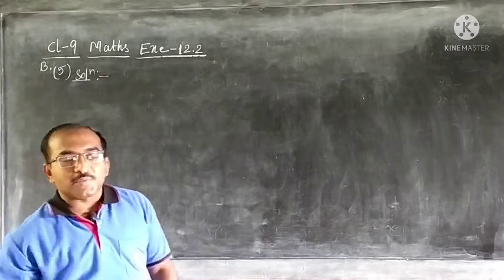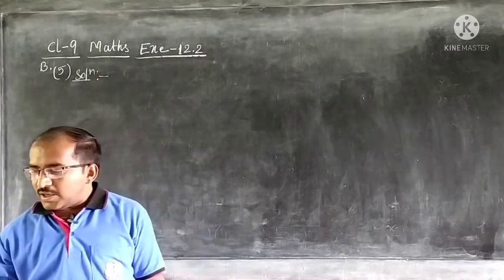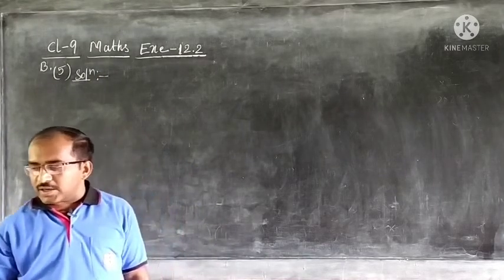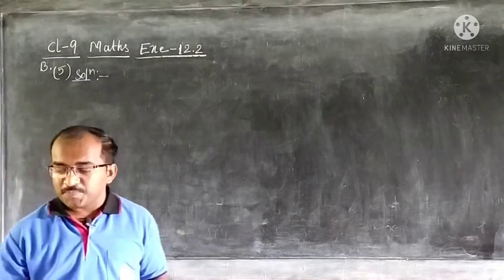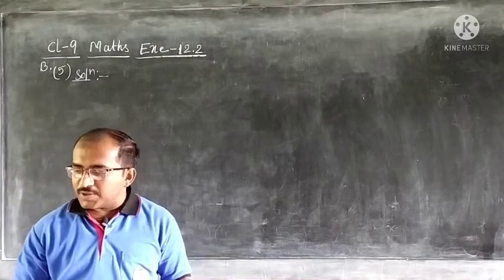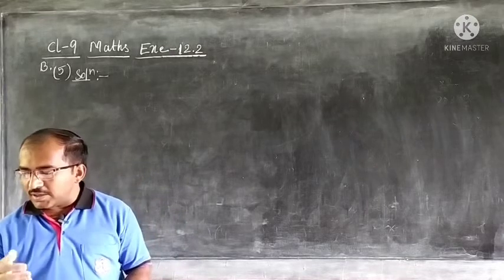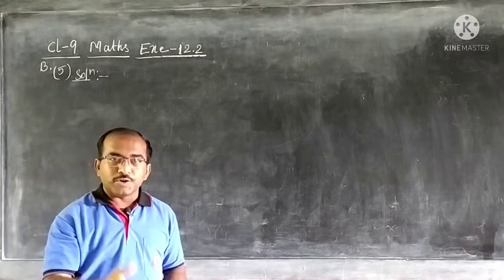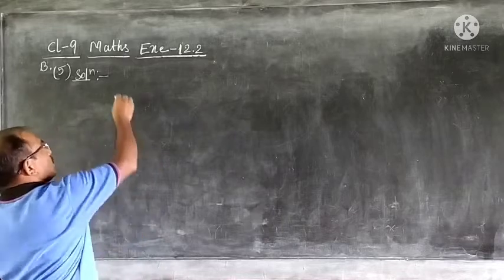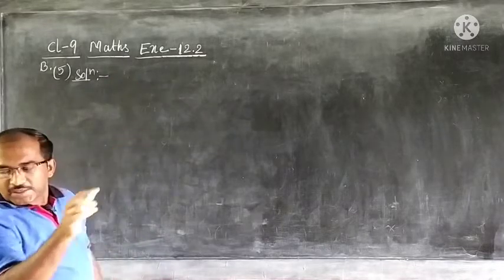So, we will see now question number 5: a rhombus shaped field has green grass for 18 cows to graze. If each side of the rhombus is 30 meter and its longer diagonal is 48 meter. So, we will go with the shape of the field, that is a rhombus.